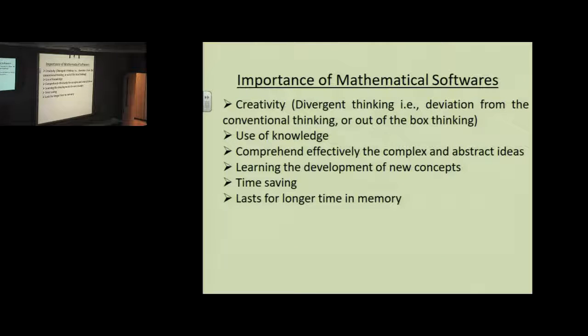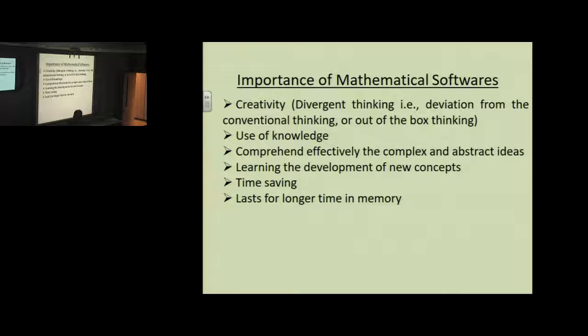Then we come to the importance of mathematical software. There are many importances which we can talk about. I have just selected a few of them. The first and important one is creativity, which means divergent thinking or deviation from conventional thinking, or kind of out-of-the-box thinking.